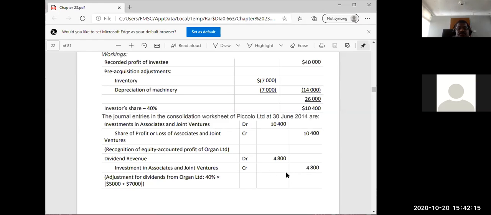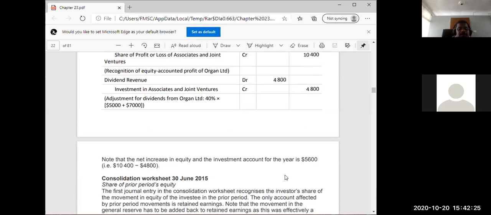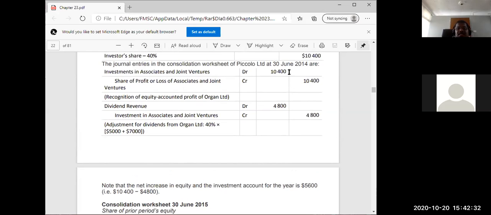Is it clear? Debit dividend revenue account and credit the investment account. Okay. So the net increase in net assets is basically 10,400 minus 4,800. That is the story. Is it clear?